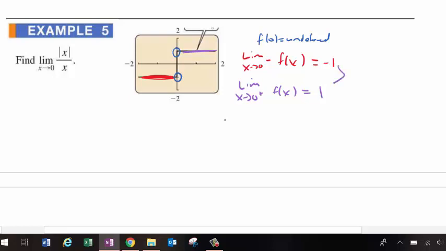These do not match, so the limit as x approaches 0 does not exist. Now on the test, it is not acceptable just to say it doesn't exist. If you're ever going to tell me a limit doesn't exist, you need to be able to explain to me why. And if I asked you to explain why, you would say the limit from the left is equal to negative 1, the limit from the right is equal to positive 1, and they do not match.